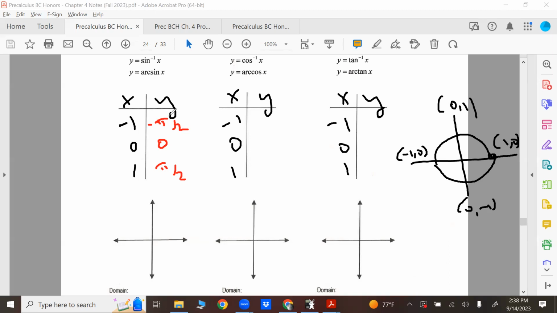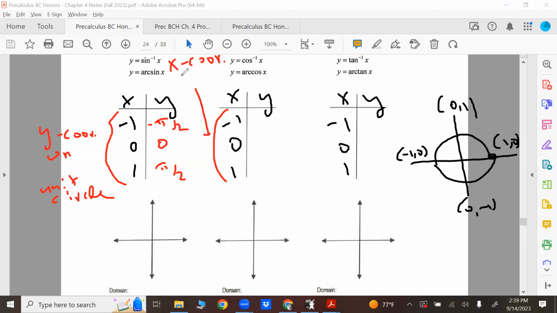Now, inverse cosine. Remember, these guys are the x coordinates on the unit circle. Where is the x coordinate 0 in the unit circle?